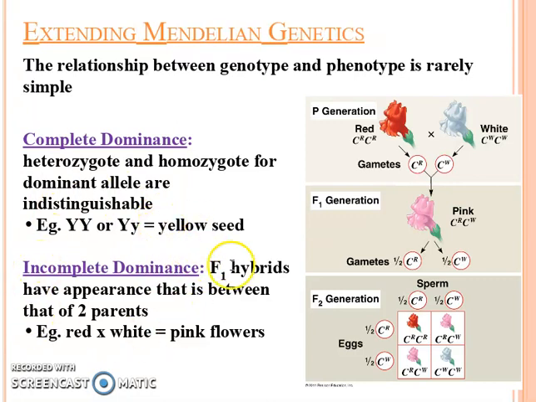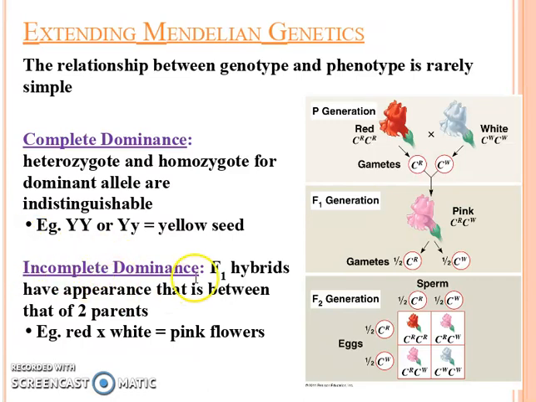Okay, now we have incomplete dominance. In the case of incomplete dominance, it's a little wonky. Instead of there being a dominant and a recessive, we're just talking about two traits. The idea is allele 1 is dominant, allele 2 is dominant, and when they collide with each other, they don't completely dominate over each other.